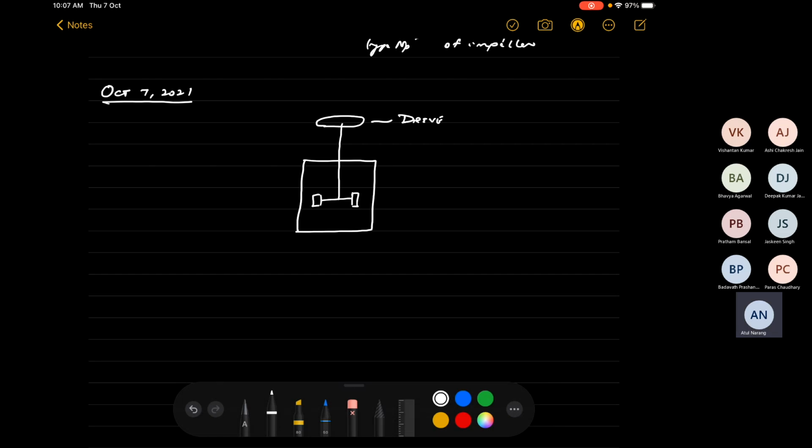And this is, of course, connected to a motor. So your motor turns, transfers the power, and in between there might even be a gearbox.